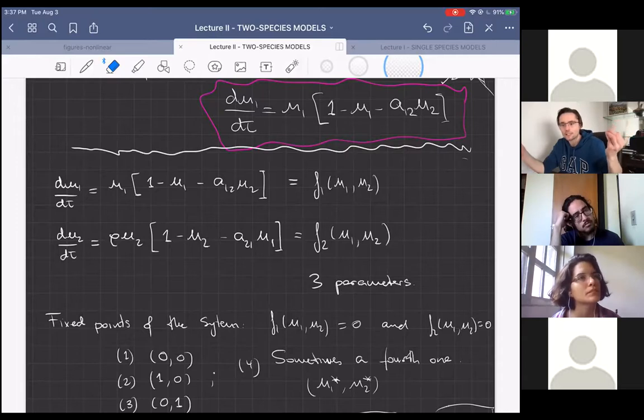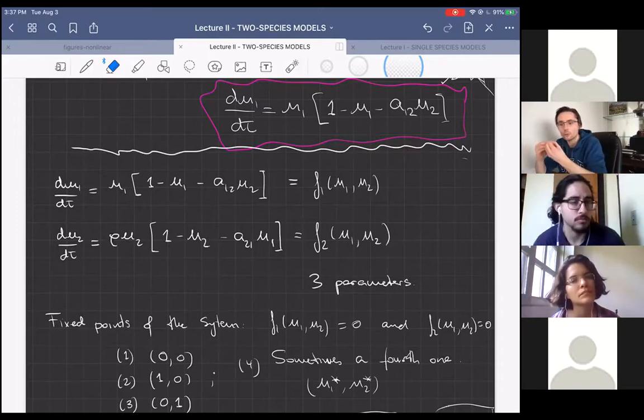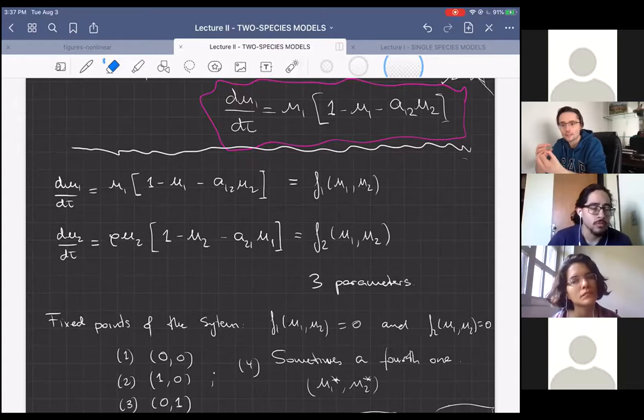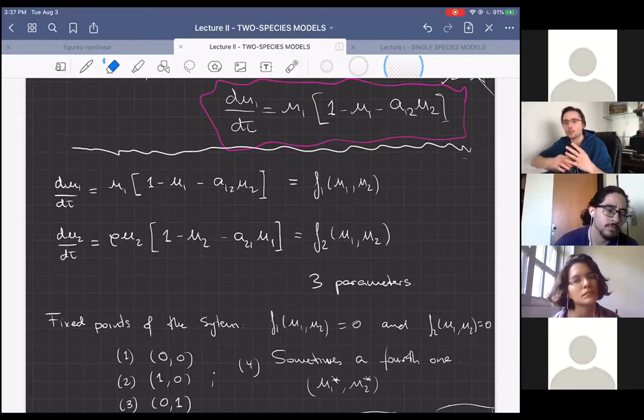So this may be, for instance, if you think in terms of sexual reproduction, that may very easily come from the fact of having very few males or very few females. So to the fact of needing some critical population size for the population to grow.